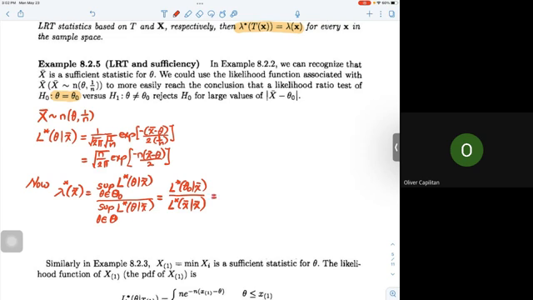So, simplifying, we have now square root of n, the exponential function of negative n x bar minus theta over 2 divided by, ano yung ating denominator when we consider the sample mean? So we still have square root of n over 2 pi. Ganun din.